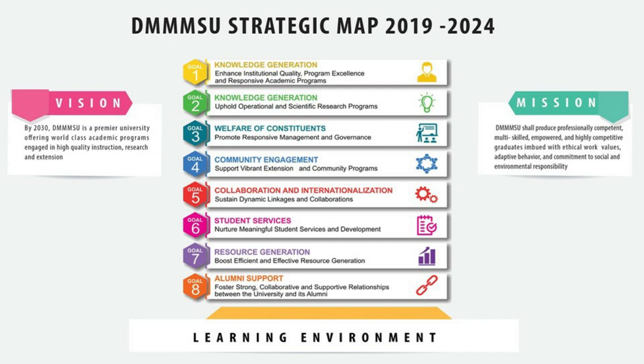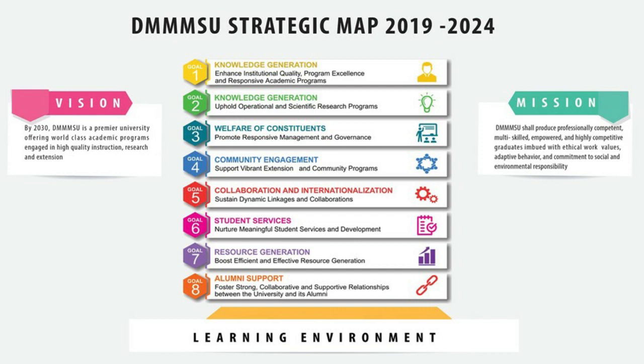DMMMSU's contribution towards the attainment of provincial, regional, and national development goals is captured in its strategic plan from 2019 to 2024 with 8 overarching goals. Under knowledge generation, there are 2 goals. Goal 1, enhance institutional quality, program resilience, and responsive academic programs. Goal 2, updated operational and scientific research programs.